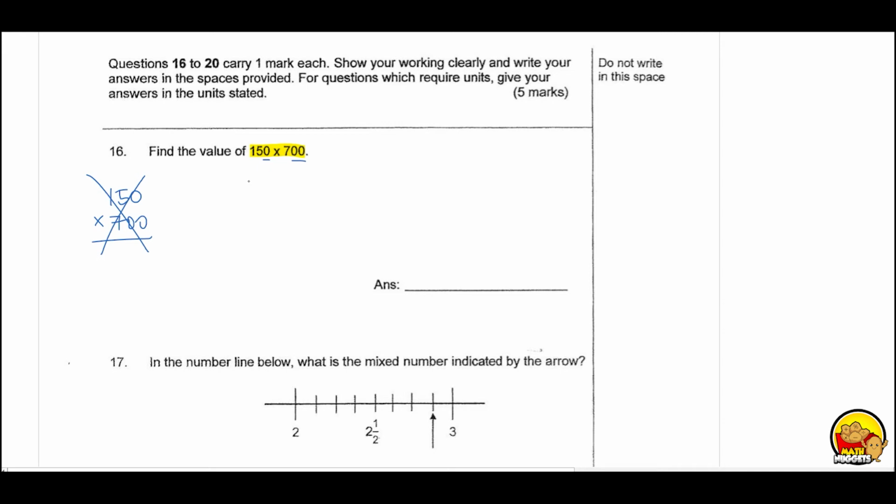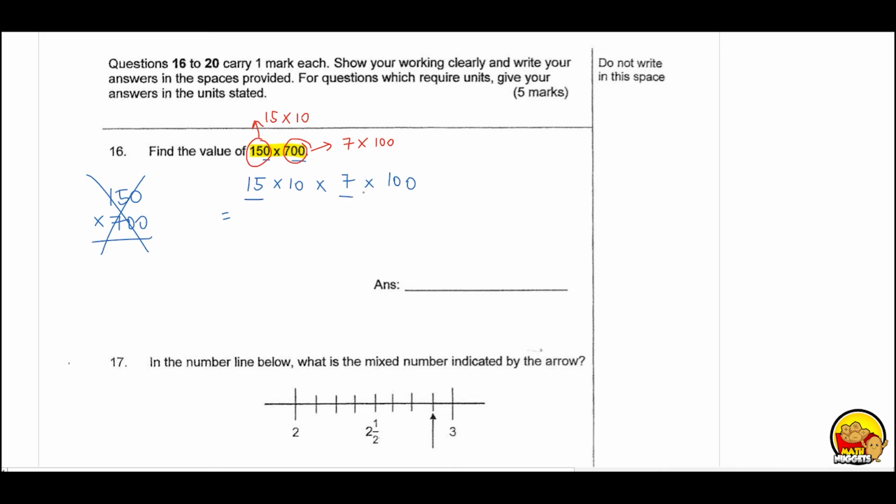Basically I am going to take 15 times 10, which is 150, times 7 times 100. So I'm basically splitting these up. 150, I'm splitting to become 15 times 10. 700, I'm splitting up to become 7 times 100. I'm trying to make life easier for myself.